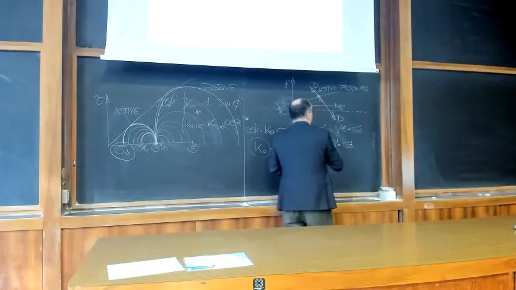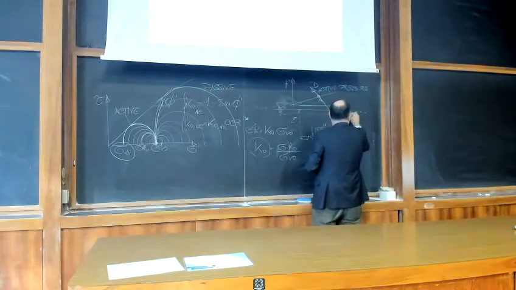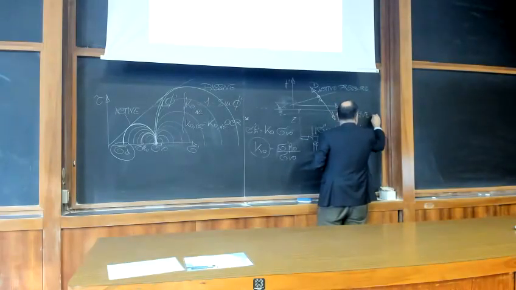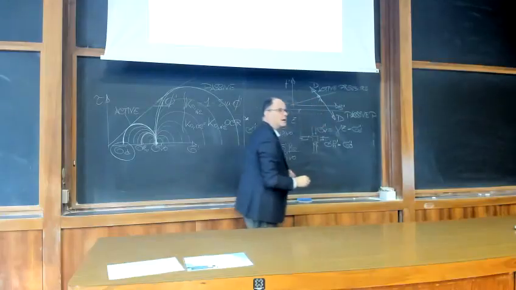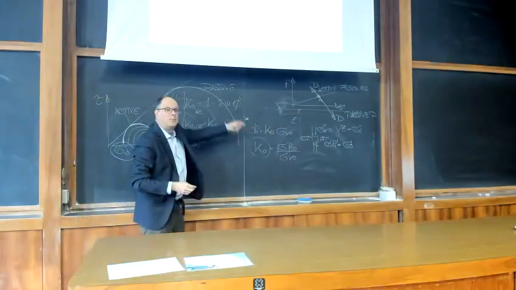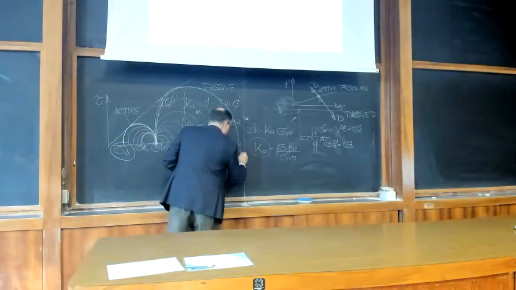And so you get to the passive pressure, and the limit passive pressure refers to this big Mohr circle, and the horizontal stress is called the passive pressure.